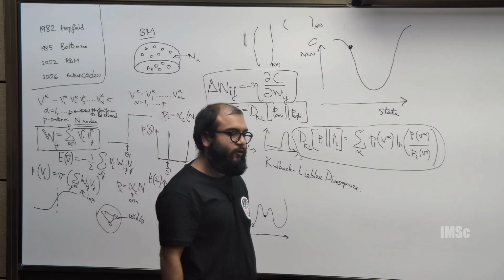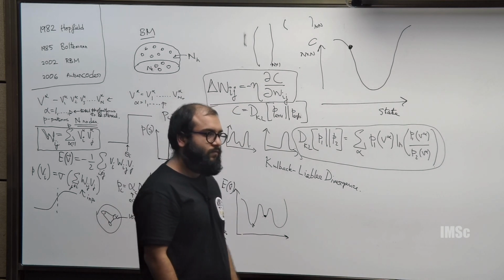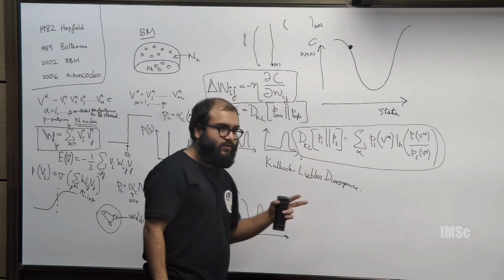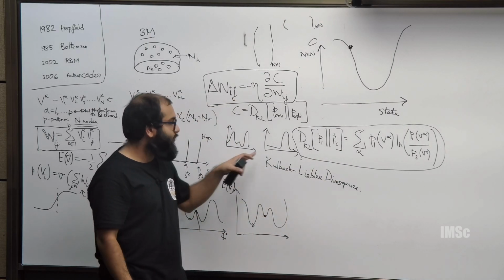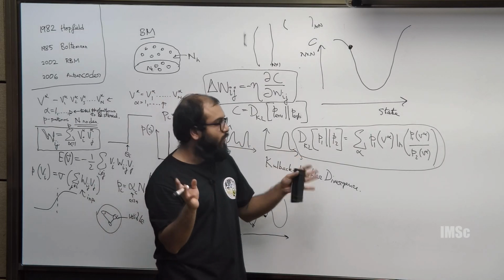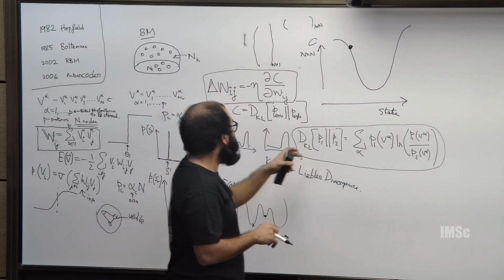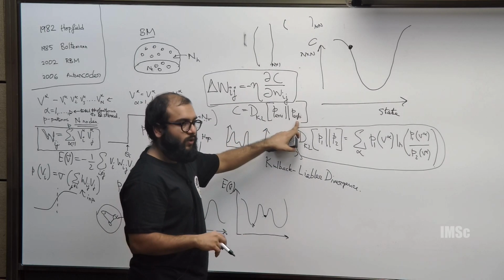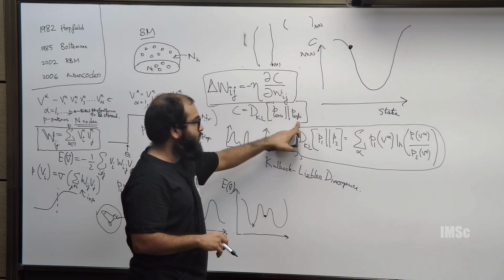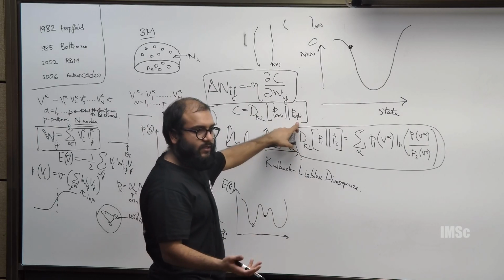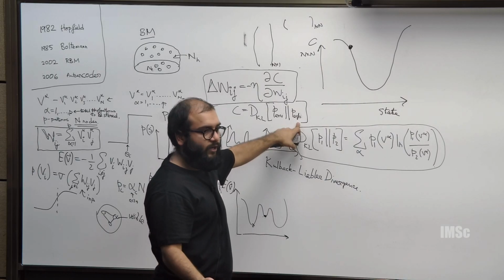So the KL divergence is the distance between two distributions, right? So what do we want? We want P_env and P_eq, I'll come to that, to be equal. If we get them to be equal, then the environmental data becomes equal to the equilibrium data.